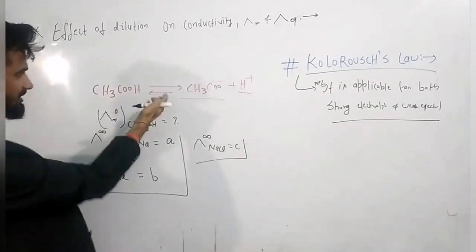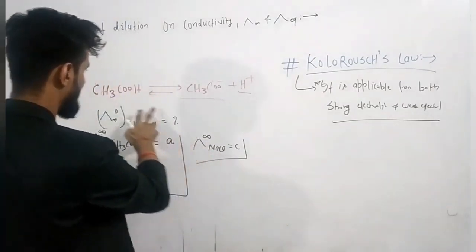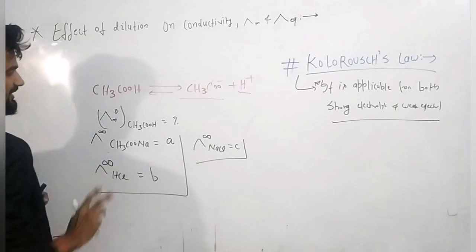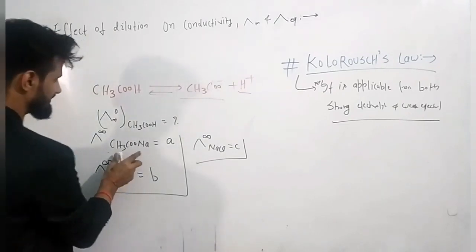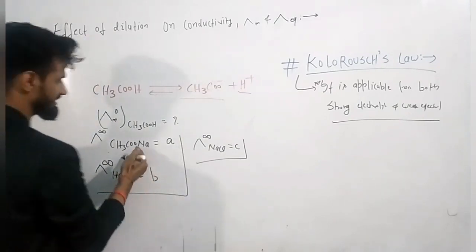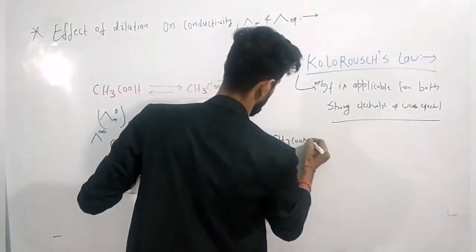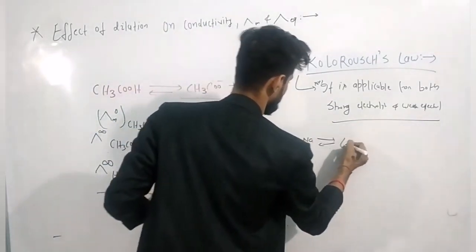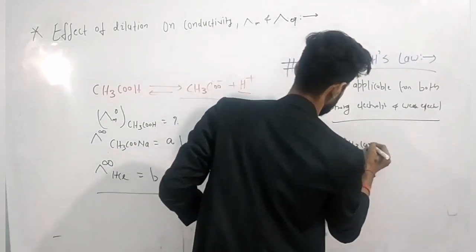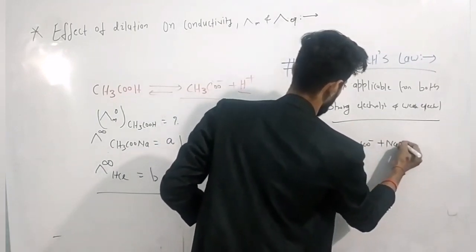How will we proceed about the weak electrolyte? We have to calculate CH3COOH. If CH3COONa is going to be dissociated, then it will produce CH3COO minus plus Na plus.